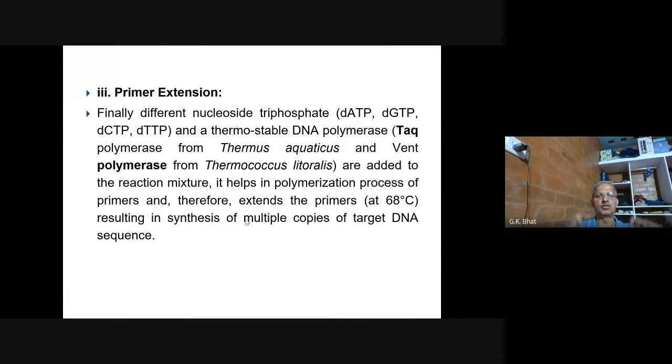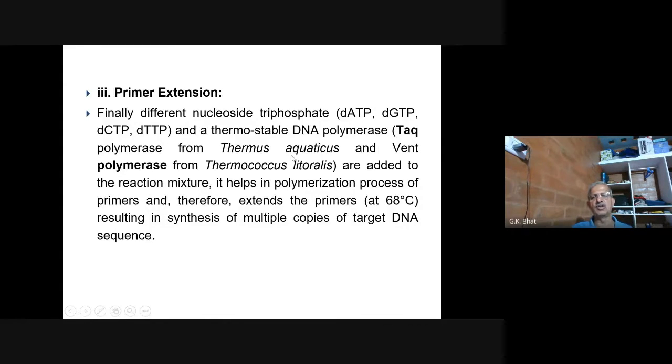Next step, primer extension. You have seen the primer; now the primer has to extend. Finally, different nucleoside triphosphates, dATP, dGTP, dCTP, dTTP, and a thermostable DNA polymerase, what we call Taq polymerase. Why is it called Taq polymerase? It is obtained from Thermus aquaticus.